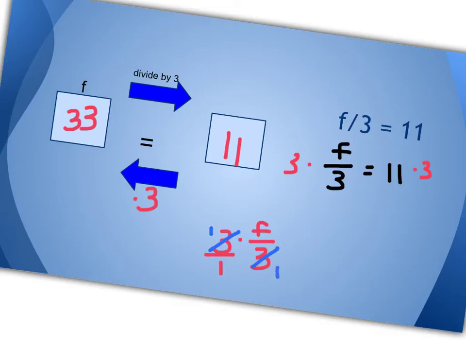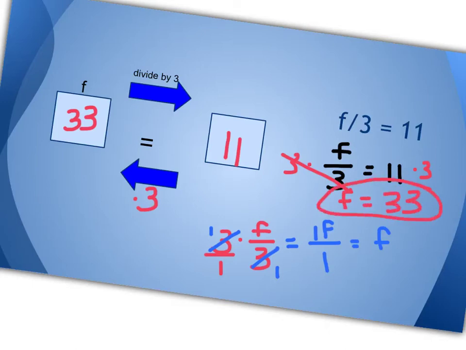Well, 1 divided by 1 is 1, and anything divided by 1 is still itself, meaning 1 times f is 1f, and 1 times 1 is 1, and 1f divided by 1 is still f by itself, because remember there's always a 1 in front, I don't have to write it. So again, you don't have to do this every time, but it is there. So these just cancel out. I'm left with f equals 3 times 11 is 33. Still getting the same answers.